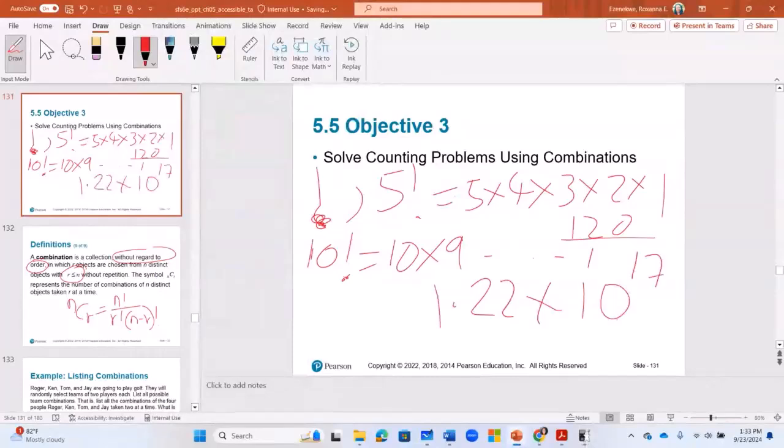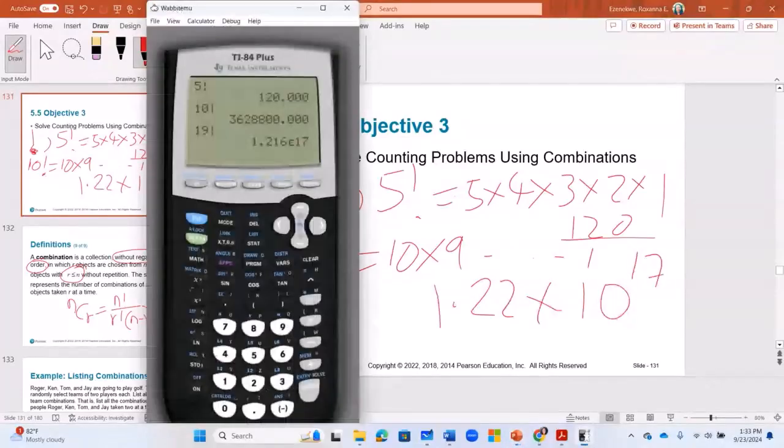Why am I saying this? There was a test where somebody was told to calculate 19 factorial. I believe this person was never in class, so she never understood what this is. The E here means scientific notation, so it actually means times 10 to the power 17. That's all. It's not even a big deal.